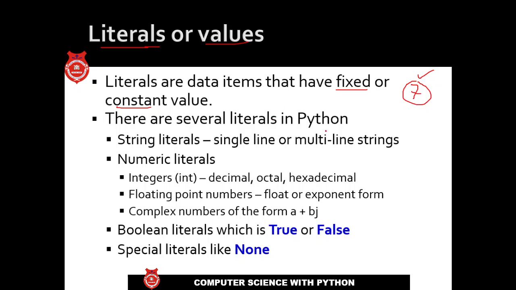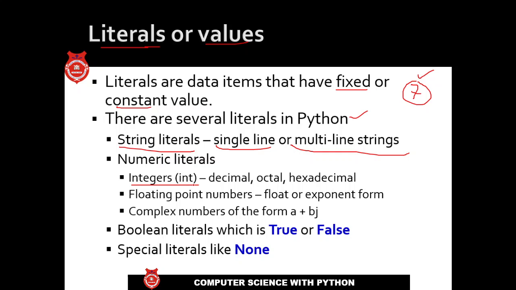In Python, we have a number of literals. The first literal is string. When we say string, it is a collection of letters, numbers, etc. It can be a single line string as well as a multi-line string. We also have integers, which are numbers without decimal points.